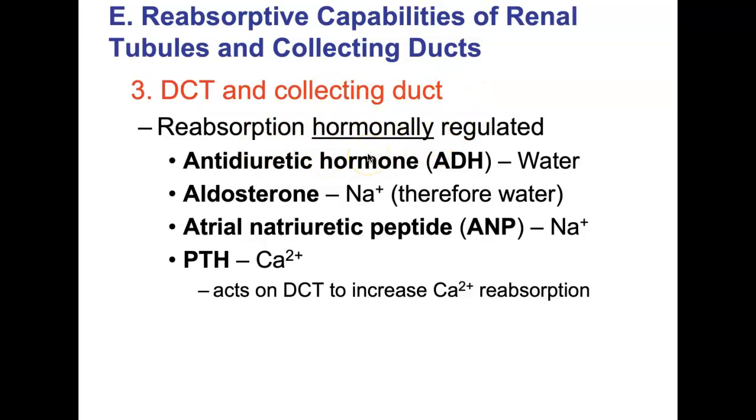You remember these hormones: antidiuretic hormone, aldosterone, ANP (atrial natriuretic peptide), and also PTH, parathyroid hormone. As we've learned in the endocrine system, ADH inhibits diuresis, or inhibits urine output.